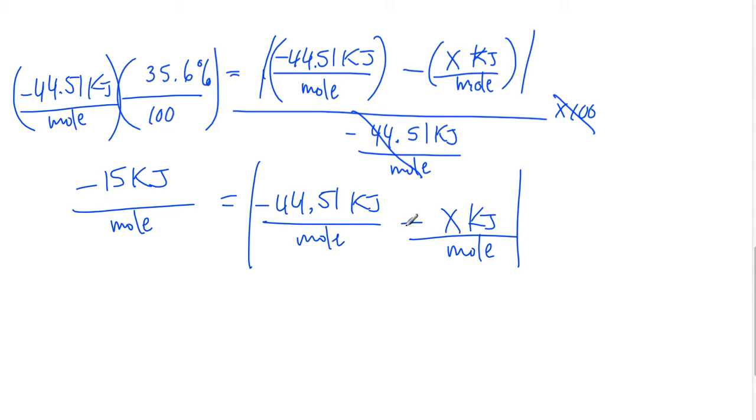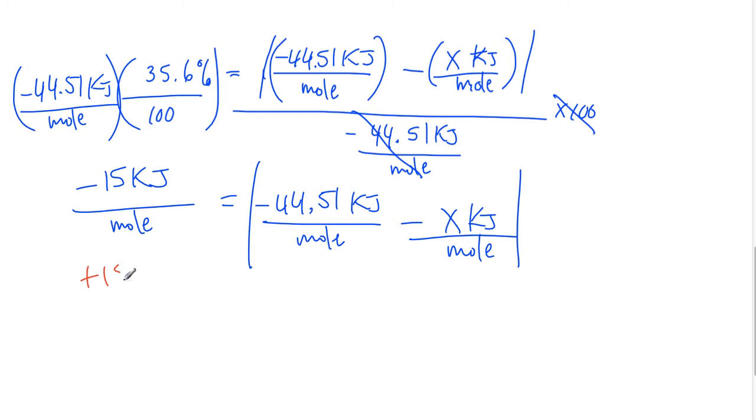Fair enough, that's fine. But you have done this lab in real life, and so you should know that this value is going to be smaller than this value. And the reason it's going to be smaller is because you had a lot of errors. So you lost heat to the surroundings.